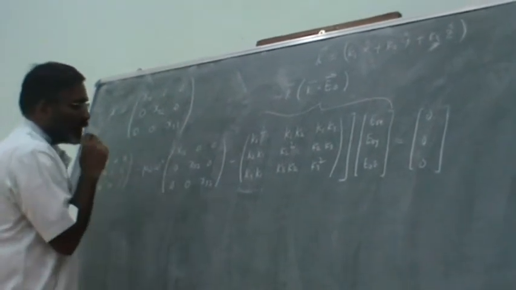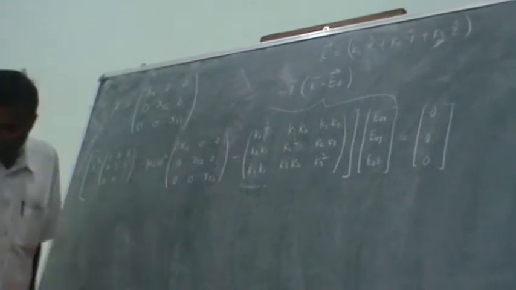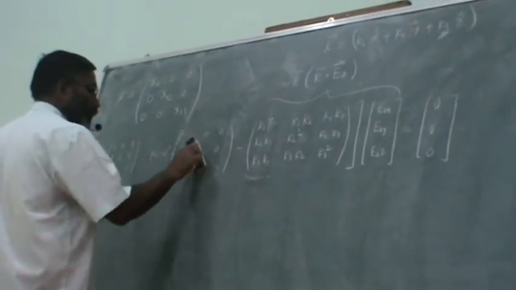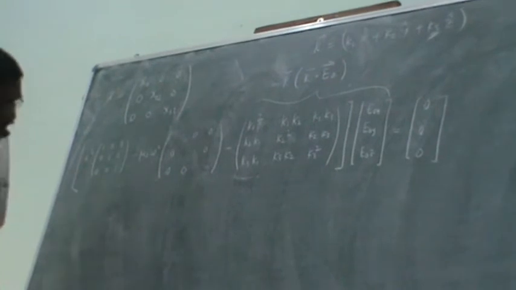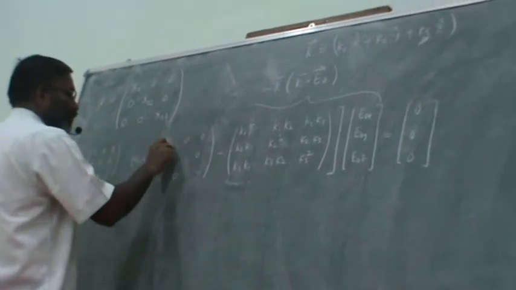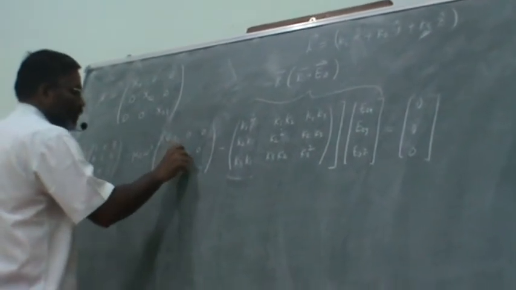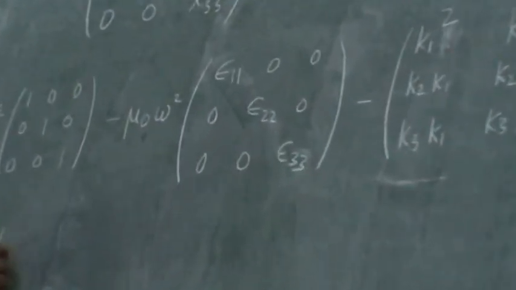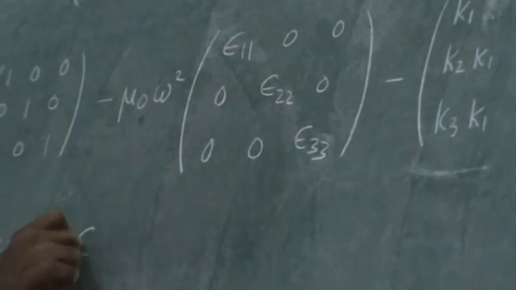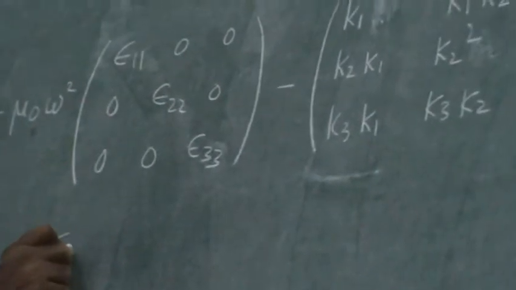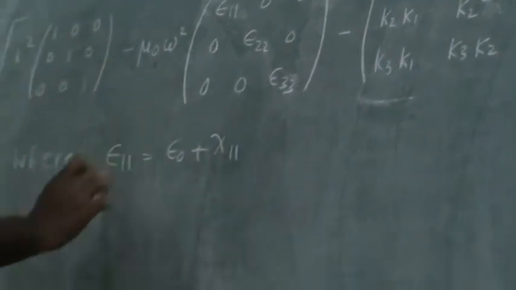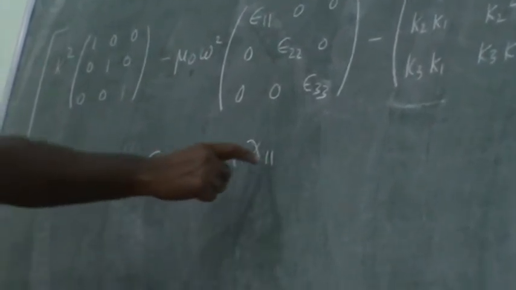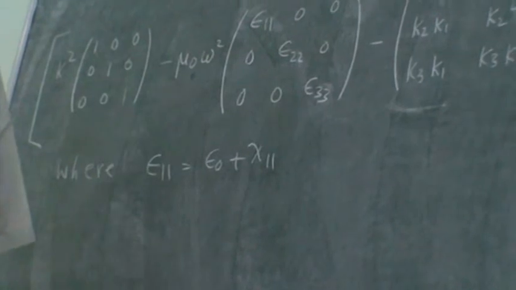So maybe I should write it like this. You are right, what you said is correct. So I will write this as epsilon 11, epsilon 22, epsilon 33, where epsilon 11 is epsilon naught plus chi 1, epsilon 22 is epsilon naught plus chi 2, and so on. So that is absorbed in that.